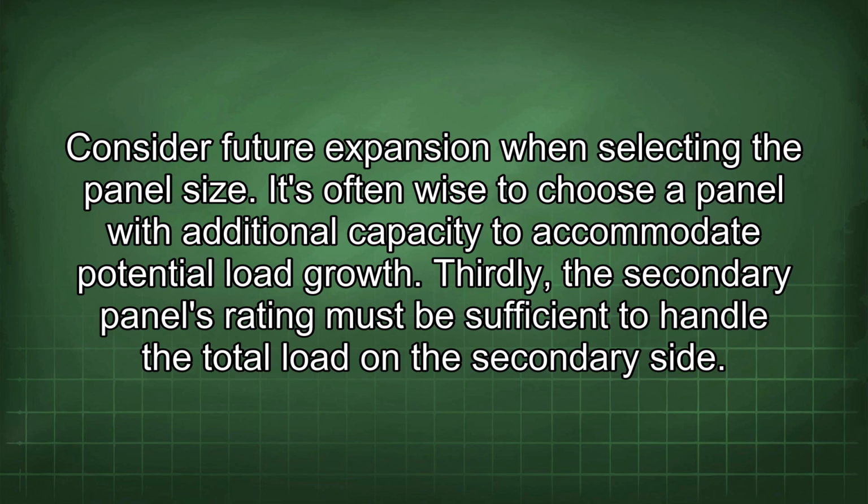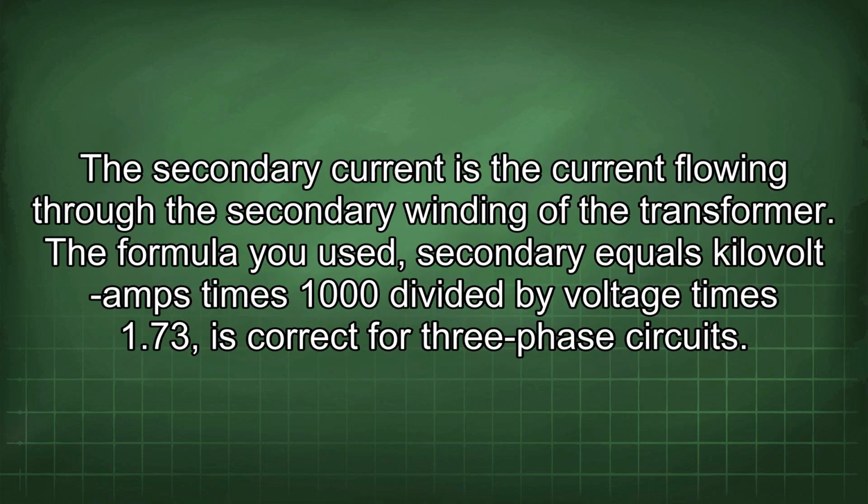Thirdly, the secondary panel's rating must be sufficient to handle the total load on the secondary side. The secondary current is the current flowing through the secondary winding of the transformer. The formula you used, secondary equals kilovolt amps times 1000 divided by voltage times 1.73, is correct for 3-phase circuits.